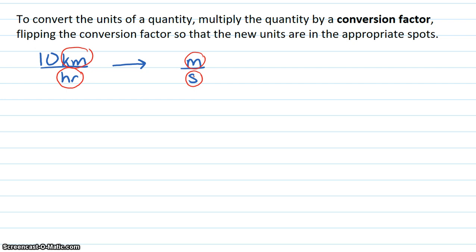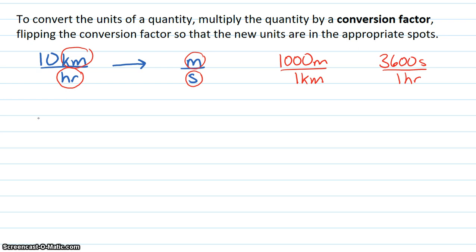So we'll need a conversion factor for kilometers and meters, and we already know that there are 1,000 meters in 1 kilometer. And as far as relating seconds to hours, there are 3,600 seconds in 1 hour. So let's see how we can use those two conversion factors.